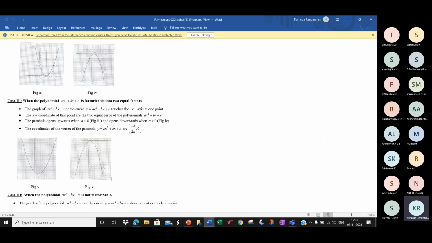Please read the points below that. Figure 3 and figure 4, children.